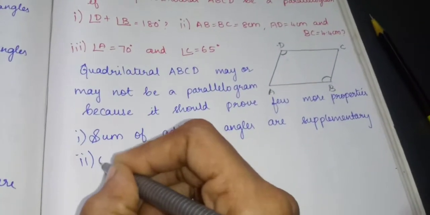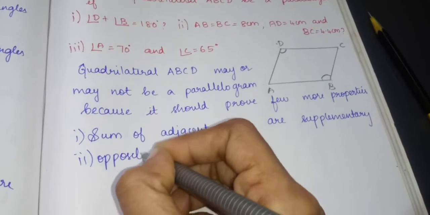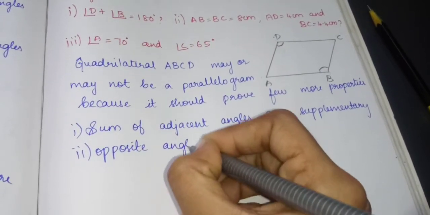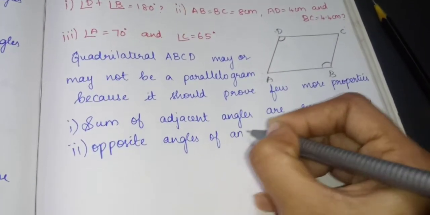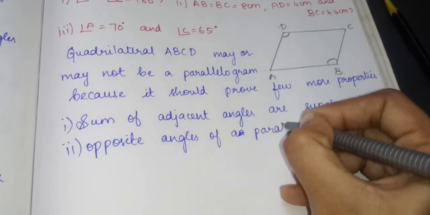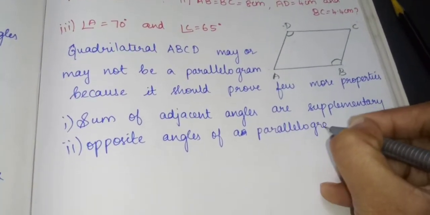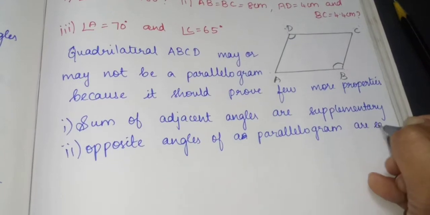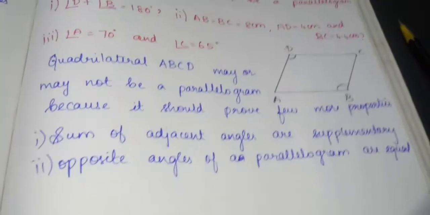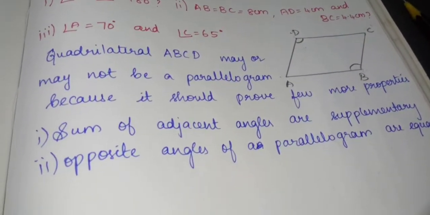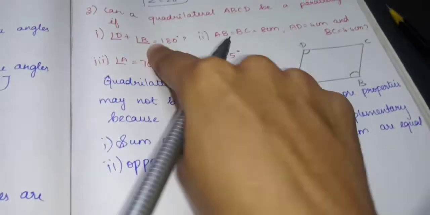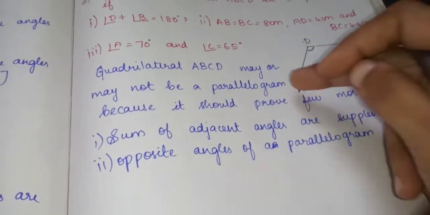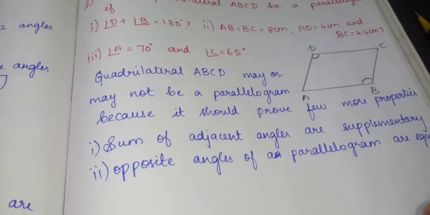Next, opposite angles of a parallelogram are equal. About that condition also they didn't give. So we cannot say by one condition itself that quadrilateral ABCD is a parallelogram.